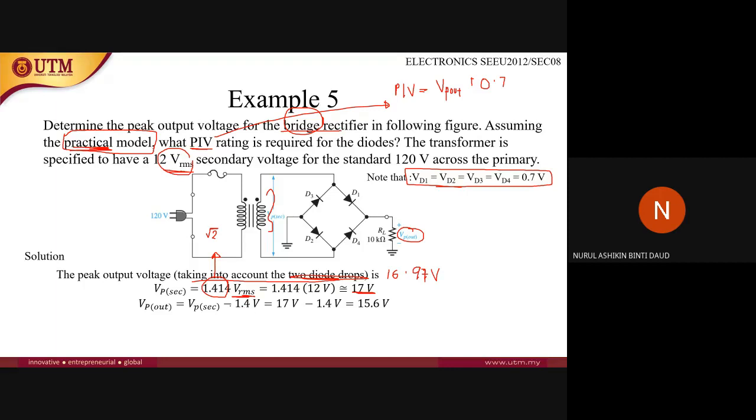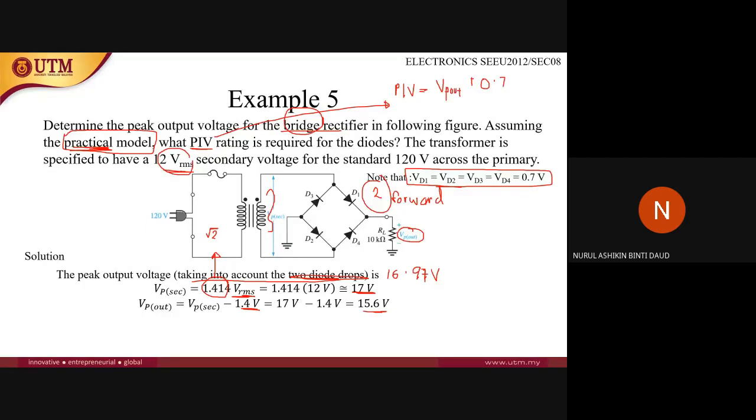Because for a bridge rectifier, there will be two diodes on forward bias, operating, right? So it cannot be 0.7. It is 1.4 volts. Yeah. So 17 minus 1.4 volts, you will get 15.6 volts. Yeah. So this is the value for the output voltage.